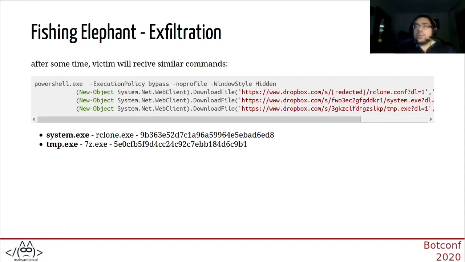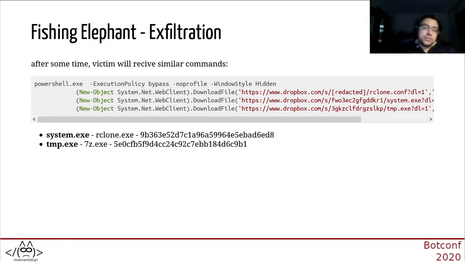After some time, if the victim was interesting, they would get a command that downloads another three files from Dropbox, and two of those files were totally non-malicious. They were system.exe and tmp.exe, with the real names rclone.exe and 7z.exe.